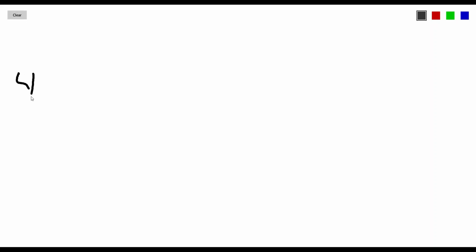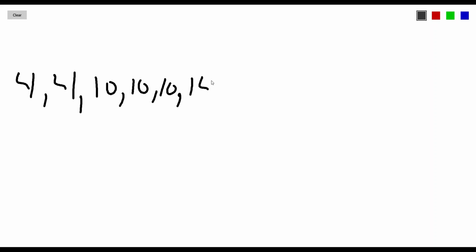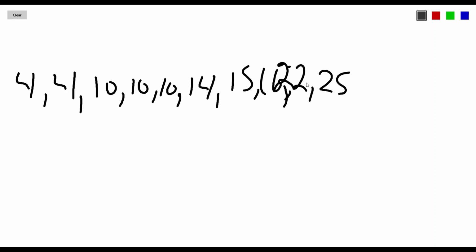Start with 4, 4, 10, 10, 10, 14, 15, 16, 22, and 25. All right. Sorry for that with the stylus. Again, we're going to have a little trouble. We're going to try to work our way through it.